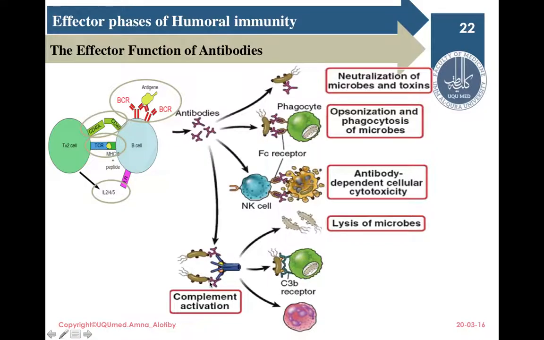So we know the classical pathway, alternate pathway, mannose binding pathway. Out of these three, the classical pathway is antibody dependent, and this antibody dependent pathway will result in MAC formation. That MAC will result in lysis of the microbe.